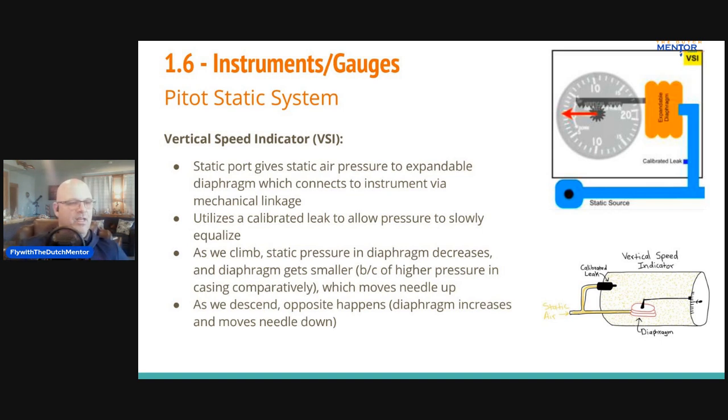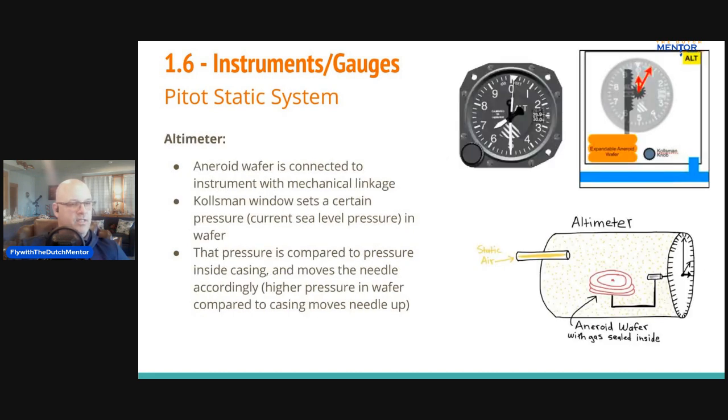But the magic here is that small little leak. If that gets clogged for any reason, obviously the instrument is no good, right? No air can escape from it, so the information received from that would be completely inaccurate. Now we could actually fly with or without a VSI. It's great to see, but it's not all that important at the end of the day.